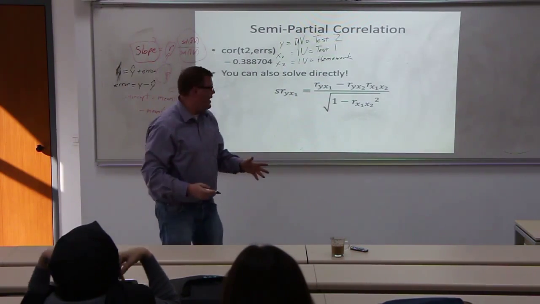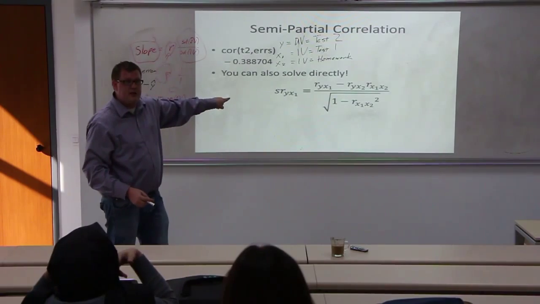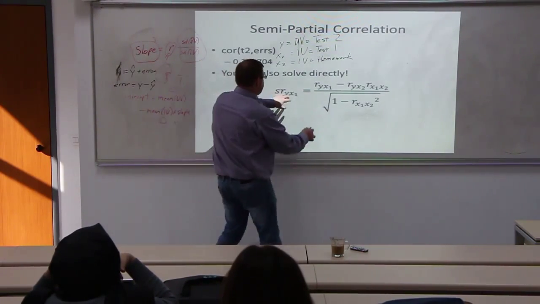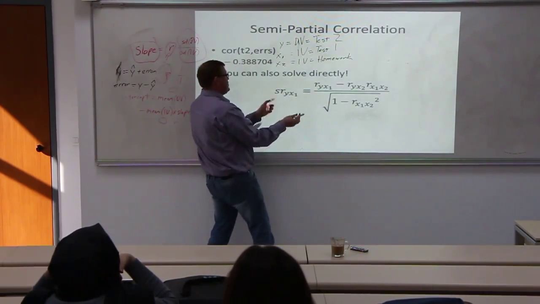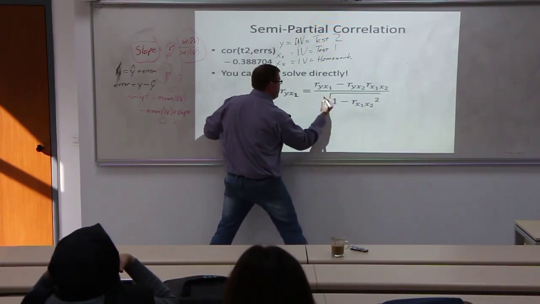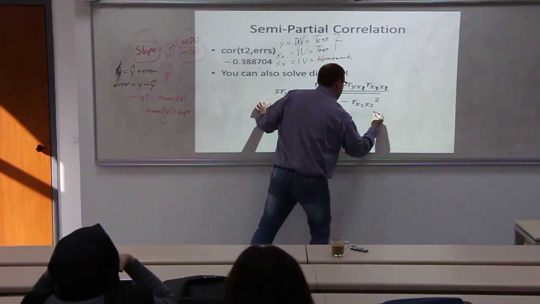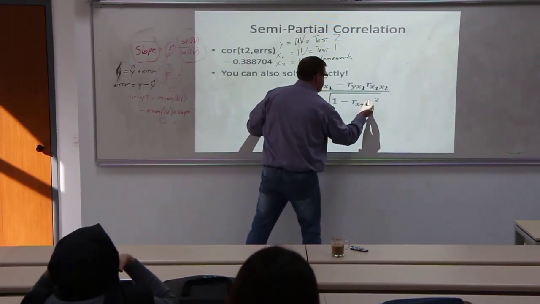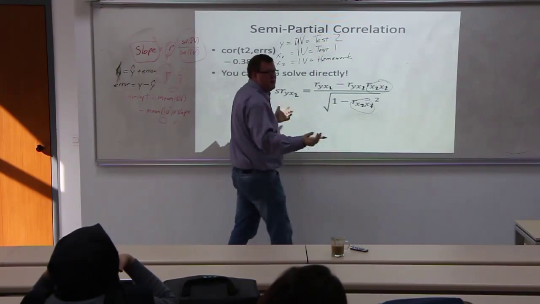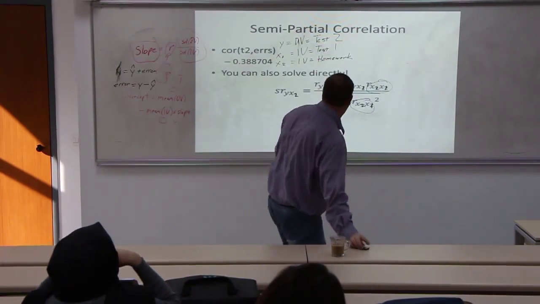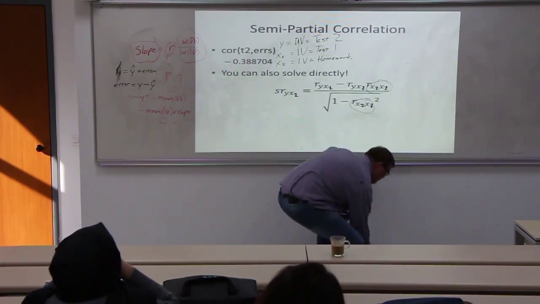If you wanted to find the other semi-partial correlation coefficient, you just swap them around. So this would become 2, this would be 2, this would be 1. Actually, those are the same regardless of which one you have first. But those other things will change.